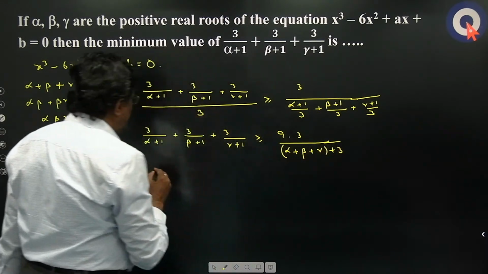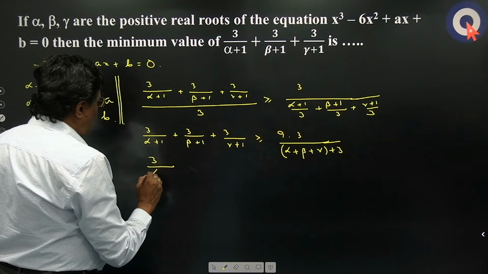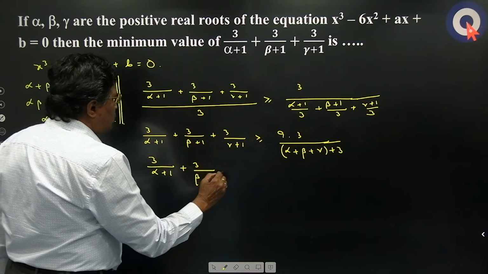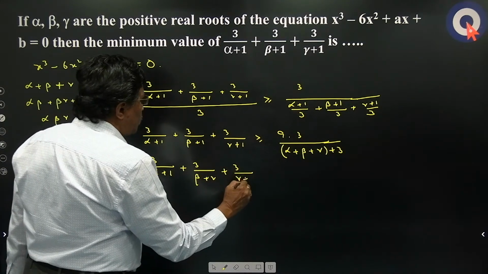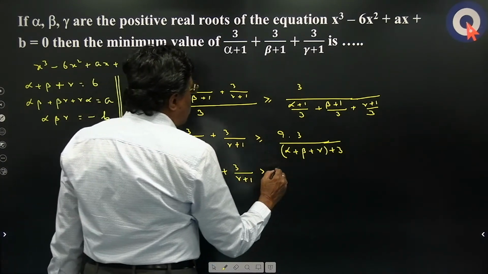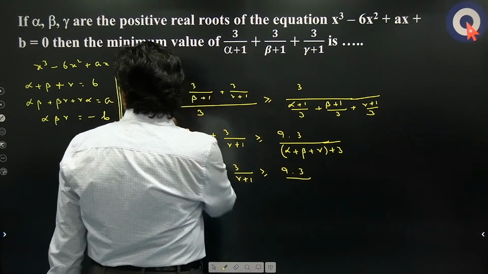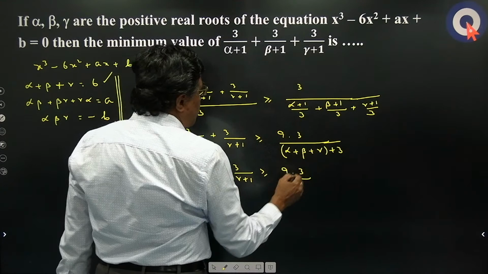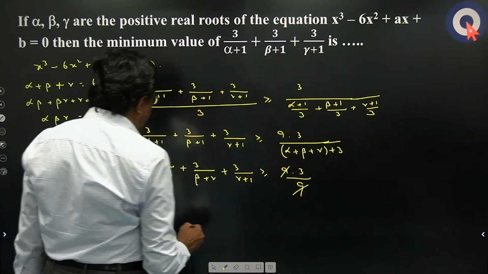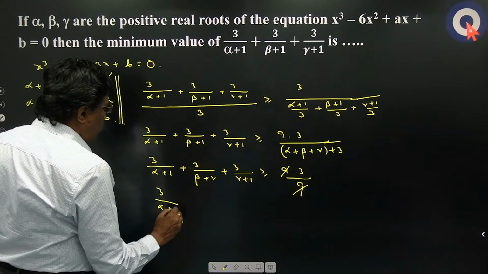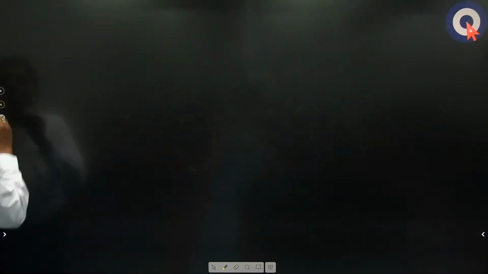So this is becoming greater than or equal to 9 into 3 by alpha plus beta plus gamma, we have 6. So 6 plus 3, 9. So this is cancelled.